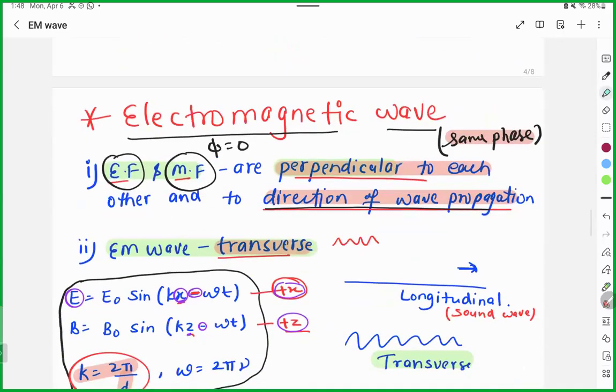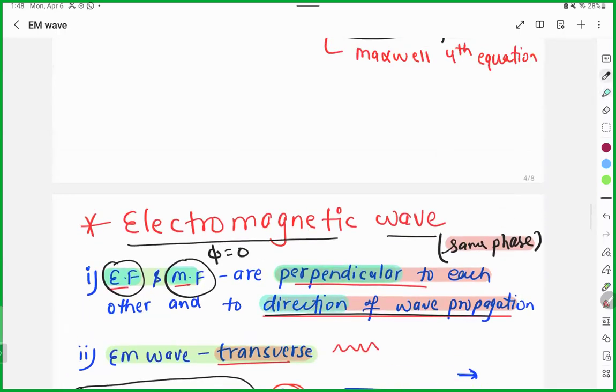Property of electromagnetic waves. Electric field and magnetic field are perpendicular to each other, and they are also perpendicular to the propagation. It means if the electric field is present in the x-axis, the magnetic field will be present in the y-axis, and they are propagating in the z-axis.